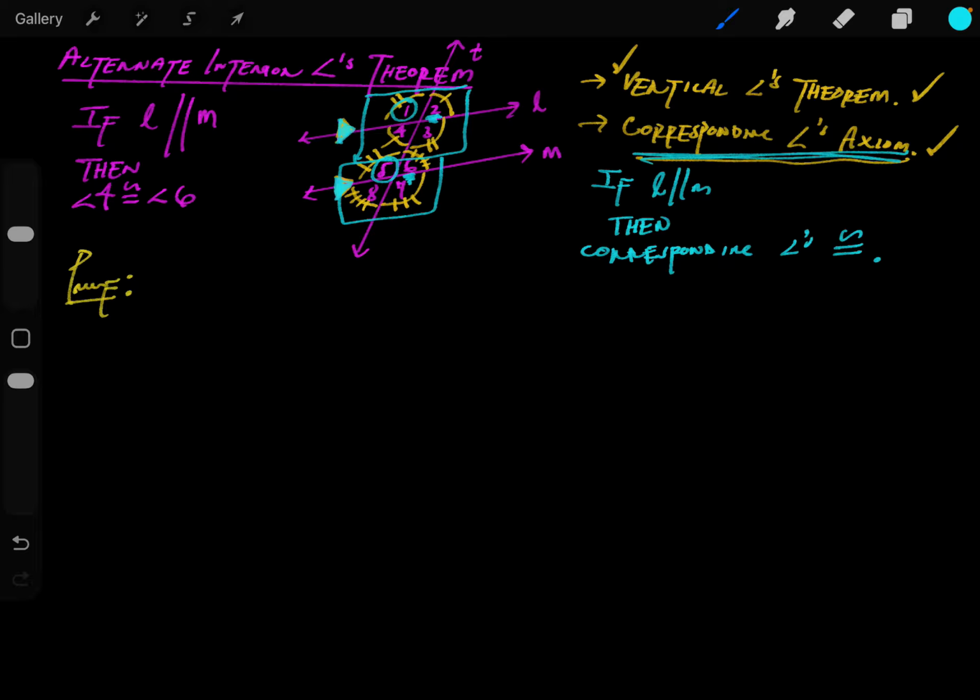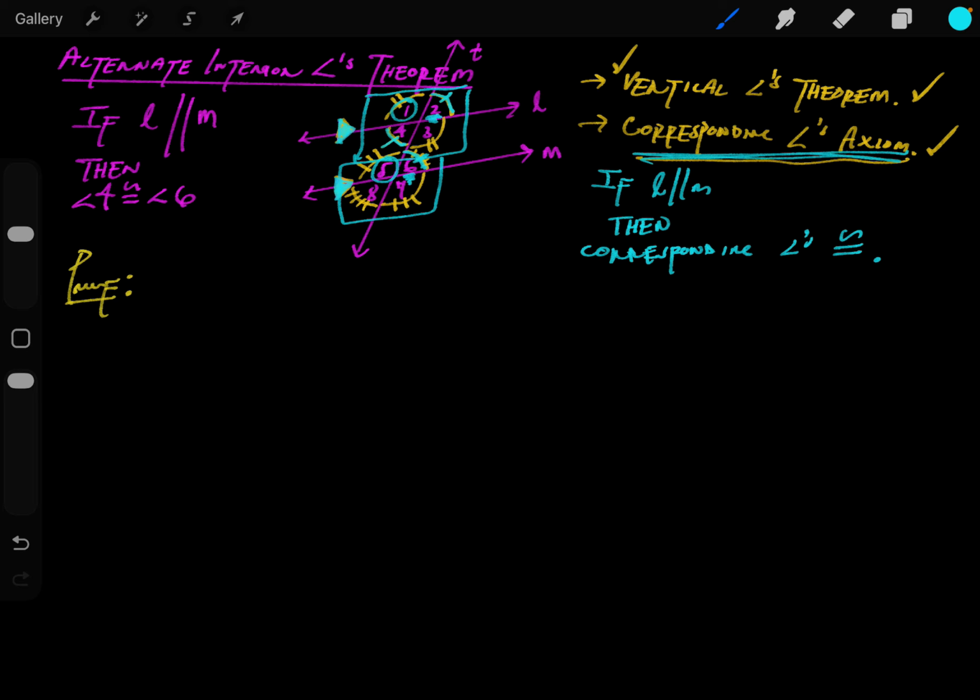So instead of putting 4 ticks here, a single tick shows that 2 matches with 6. Then 2 is the same as 4 from the vertical angles theorem. So 6 is the same as 2, 2 is the same as 4, therefore 6 is the same as 4, and you're done.